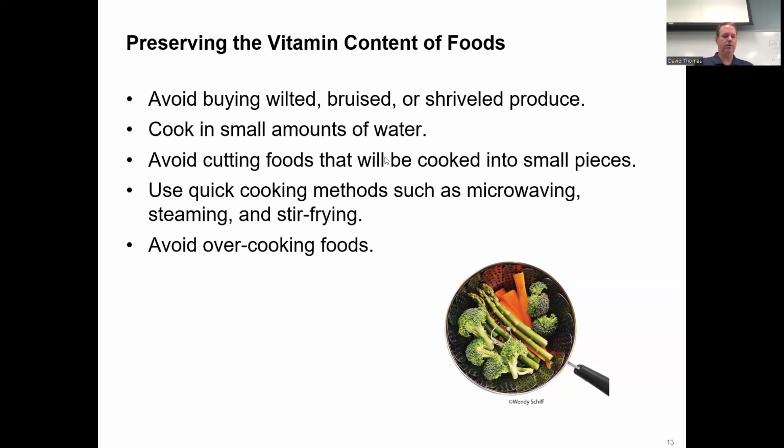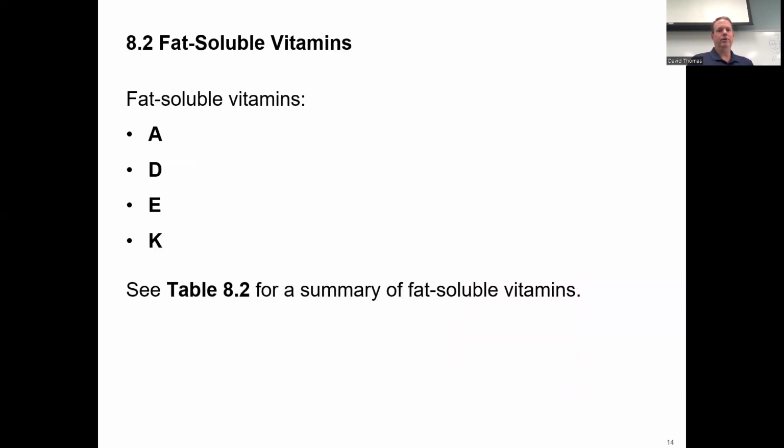The idea here is if it's pre-cut and you've got a lot of small pieces, you'll have more surface area exposed to that cooking method. And so they suggest using quick cooking methods. Microwave is a good thing. Steaming is good for this as well, and then stir frying. Avoid overcooking foods, just to try to maintain as much vitamin content in the foods that we eat as we can. Just a couple of tips there.